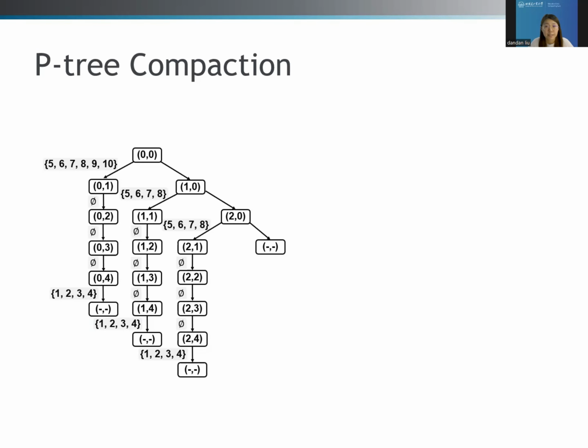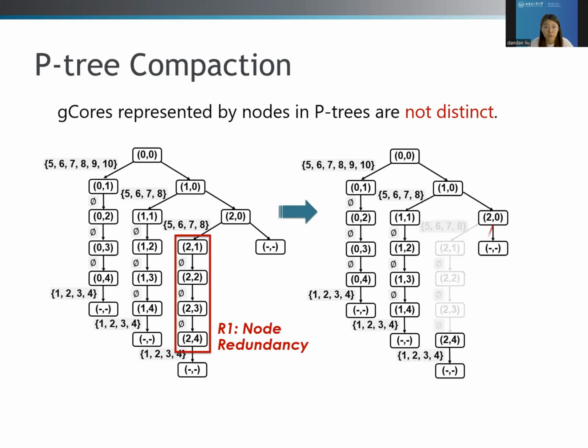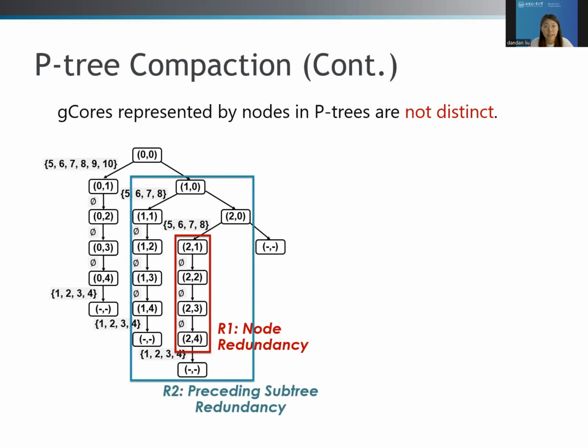While the KP tree brings efficiency, it may contain redundant nodes leading to wasted space. We've identified 3 types of redundancy in the P tree. The first type involves nodes representing the same G-core with a single child. It can be reduced by a simple node removal process. The second type occurs when structurally identical regions exist in 2 adjacent subtrees.